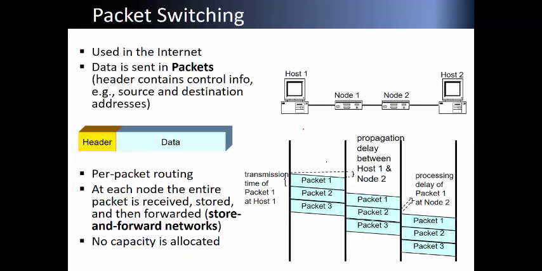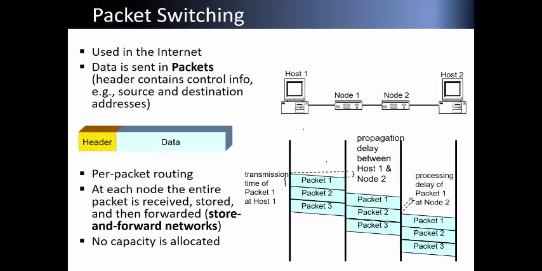Okay, so the problem was acknowledged several decades ago. After that, they now, it's also a 50 years old concept, packet switching was invented. That is used in the internet.